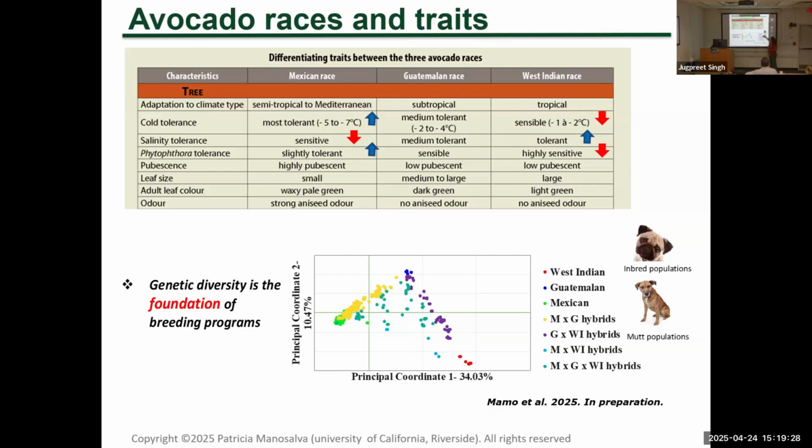We have pure races, we have the 2-way hybrids, all the 2-way hybrid races, and we have the mixed population. So we have what to work with. If I had only Mexicans, then I would be in a problem because I would need to bring material to enrich the other races.